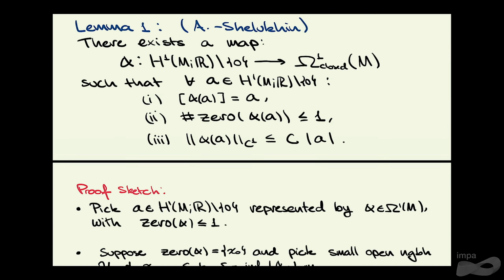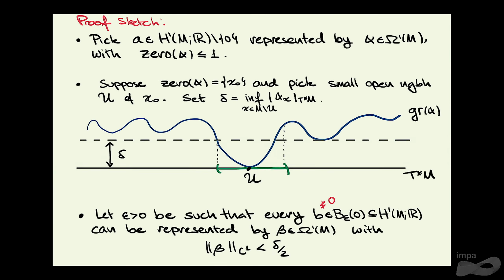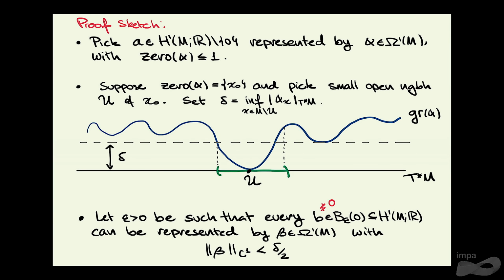So how do we do that? First we take some non-trivial class, and you can assume that it has norm 1, just to make it easier, and take the representative given by the Farber-Schütz theorem. That's a representative with at most 1 zero. So its graph is going to look something like what I have here in blue, with just one zero.